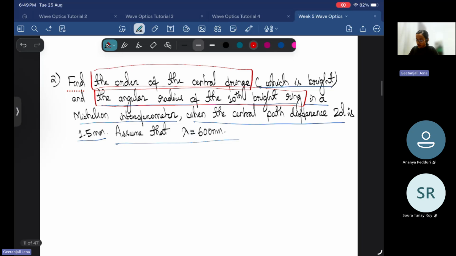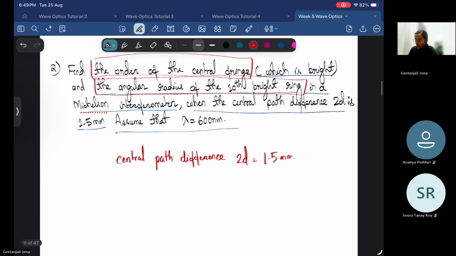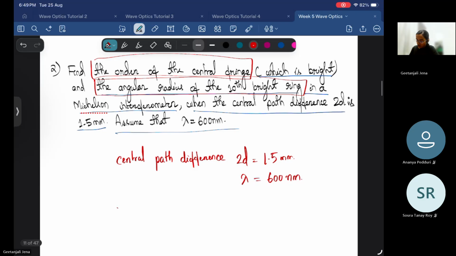So the given information is the path difference 2D is 1.5 mm. Lambda is given as 600 nanometer. You need to find the order of the central fringe.